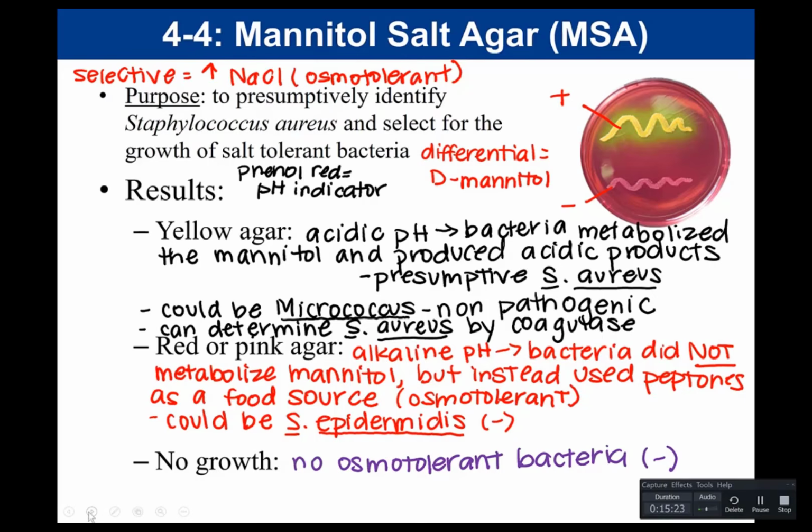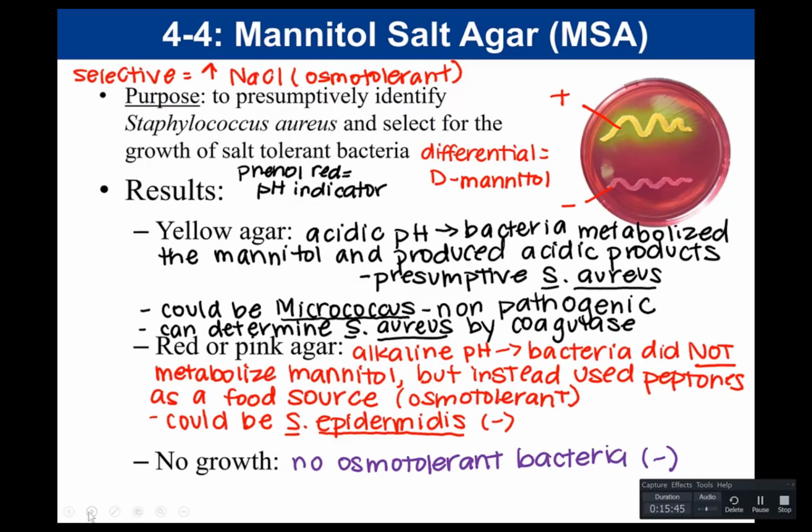That is presumptive for Staph aureus. It's possible that it could be another type of skin type bacteria called Micrococcus, which is non-pathogenic. And so if you get yellow agar, you would want to follow up with a coagulase test.